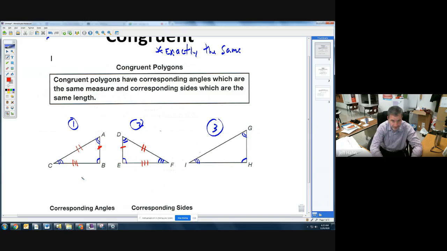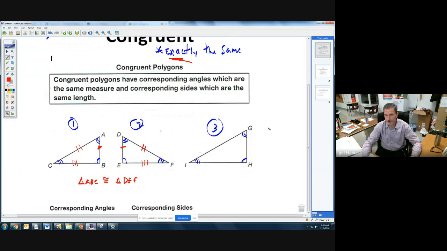We would say that triangle ABC is congruent to, and this is how in math we write congruent, an equal sign with a little squiggly line up here, triangle DEF. They are exactly the same, like we wrote up here.